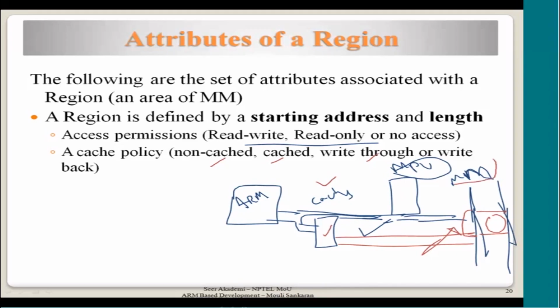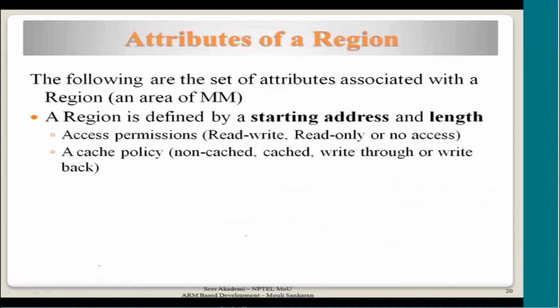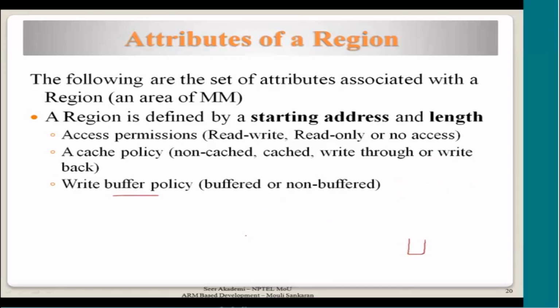Because this system may have a cache, we need a feature supported in the MPU so that if cache is present, we can configure the MPU so that the cache behavior is also managed. That is very important to keep in mind. And then similarly, a write buffer can be there. As I told you, it is a FIFO which writes into the memory. We will talk about the write buffer in detail.